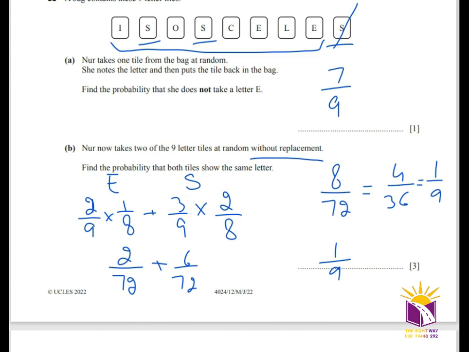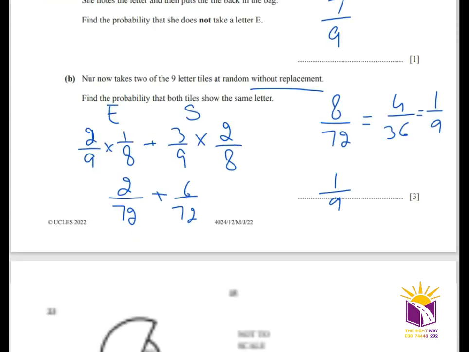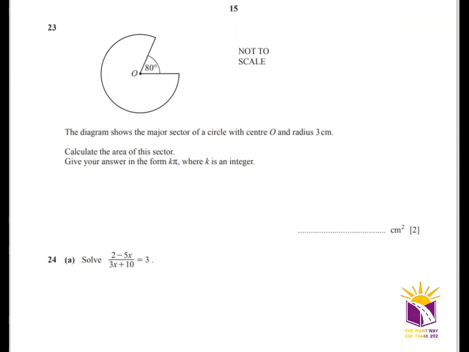When we remove the first E, the remaining number of tiles is 8, in which the favorable E is 1, so it will be 1 by 8. Plus, for S, we have 3 favorable tiles when drawing the first tile, so it will be 3 by 9. For the second one, we have 2 remaining S tiles and 8 tiles in total. By solving it, we will get 1 by 9.